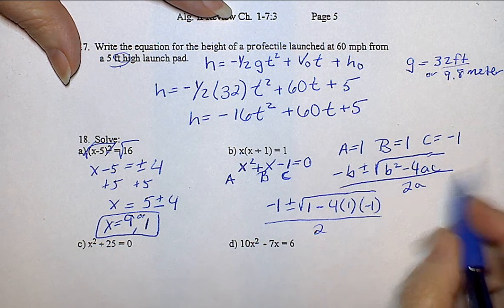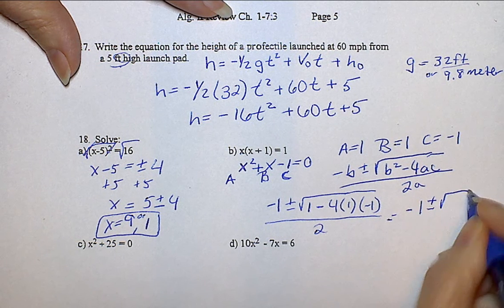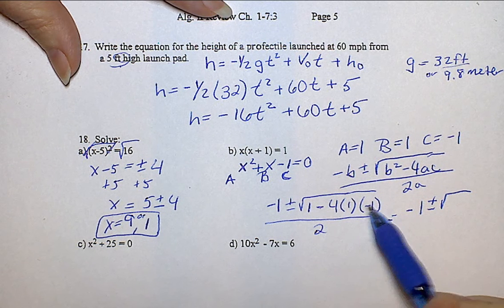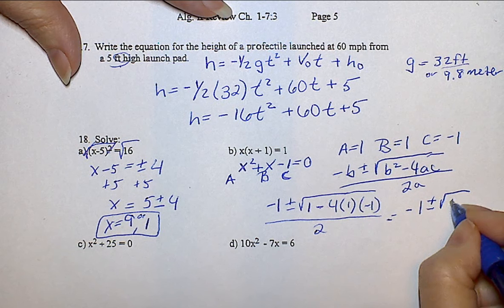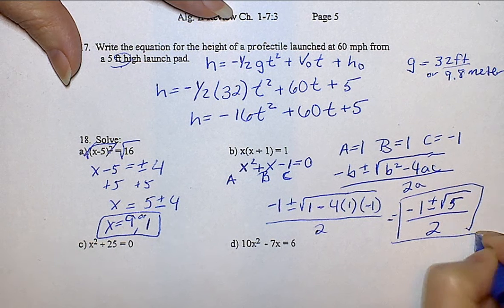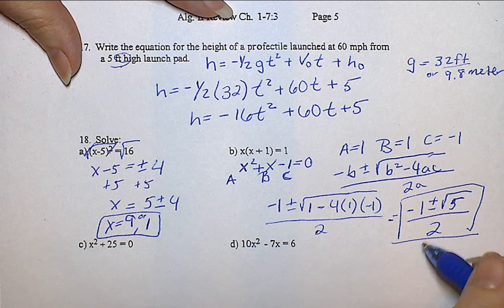We have negative 1 plus or minus the square root of, right here we have 1, and a negative over here is positive, so that's a 4. So we have 1 plus 4, which is 5, all over 2. Since the 5 is not a perfect square and cannot be reduced, that's the answer.